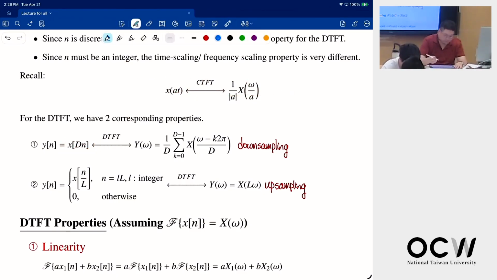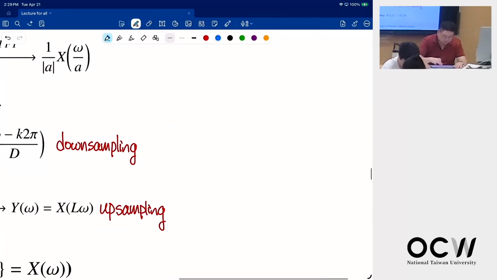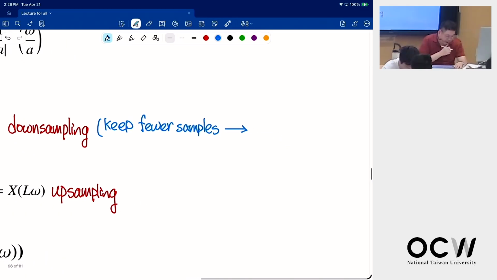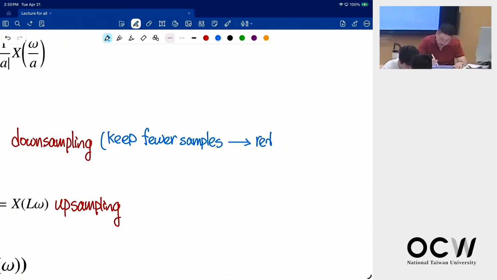So if you keep fewer samples, then that means that you can reduce the data computation or the bandwidth.